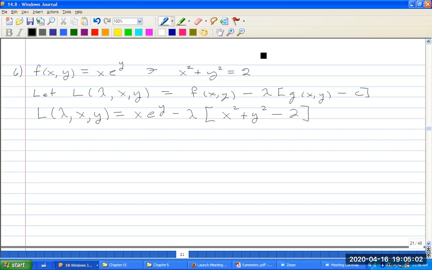Okay, so now let's determine the critical numbers for the Lagrange function.